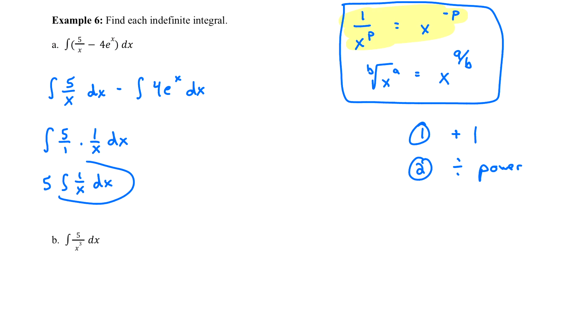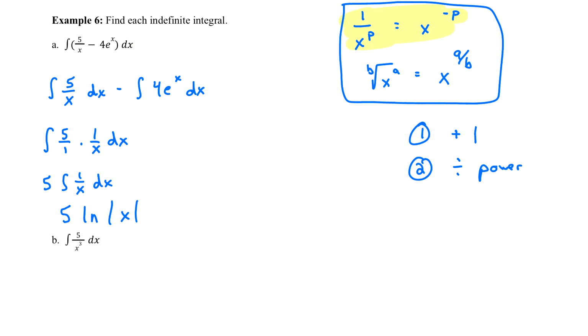Now, all of a sudden, we say, hey, that looks a lot like the derivative of natural log. So the antiderivative of 1 over x would be 5 times natural log. Remember, we need to include the absolute value of x. So that's for just the left-hand side.